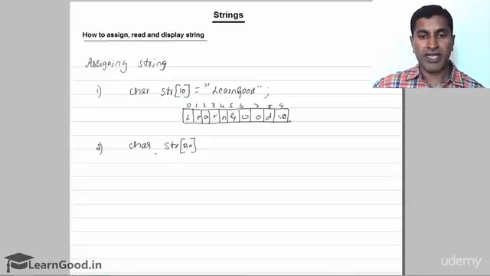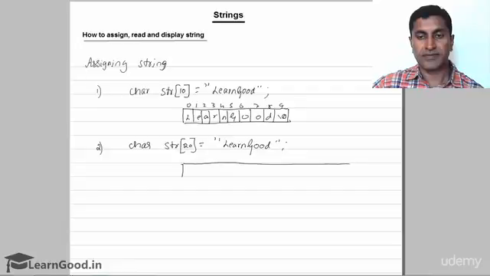Whereas here I'll go for char str of 20 is equal to learn good. So in this case it will create an array of 20 locations, with index numbers starting from 0.